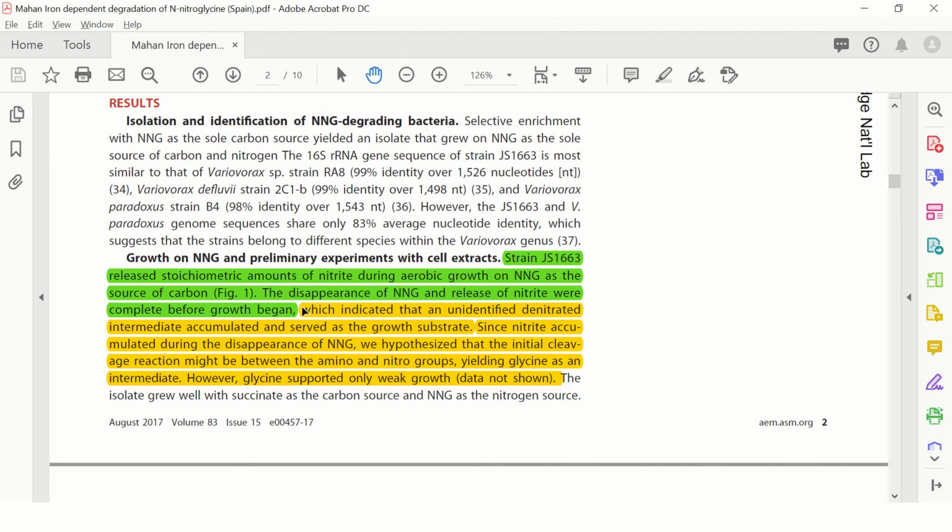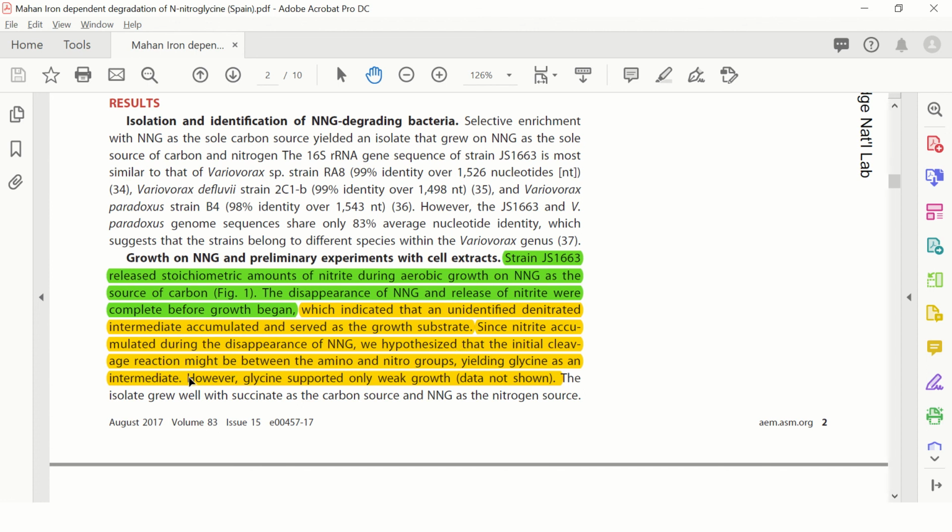So this is interesting. Their interpretation of this data went much further than anything that was written in my paragraph, where they posited that glycine might be a product upon decomposition of NNG. That allowed them to create a new hypothesis in this study for a new experiment.